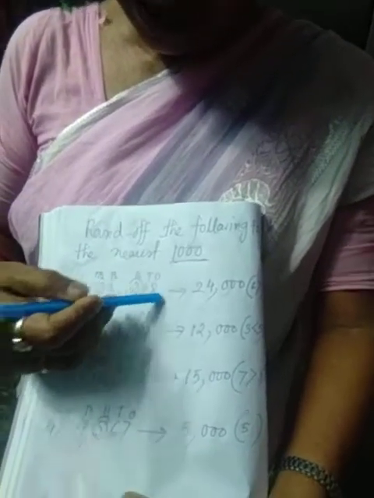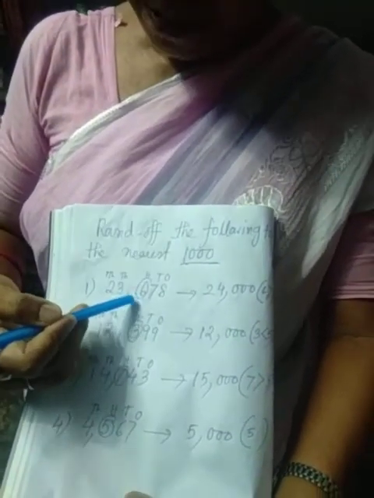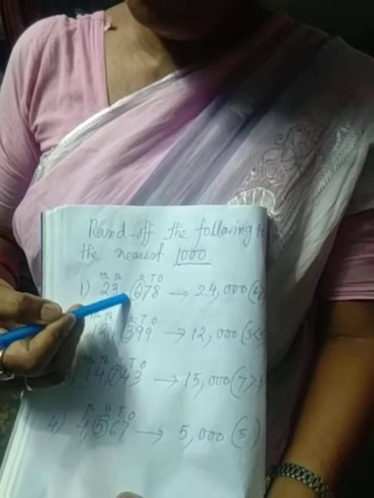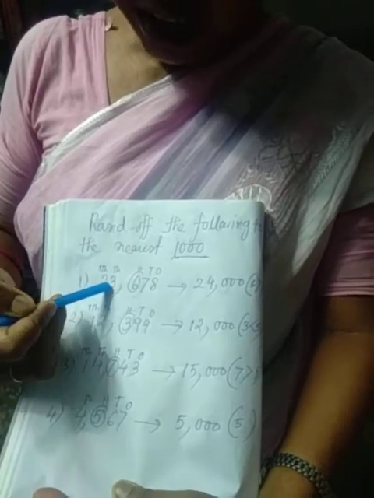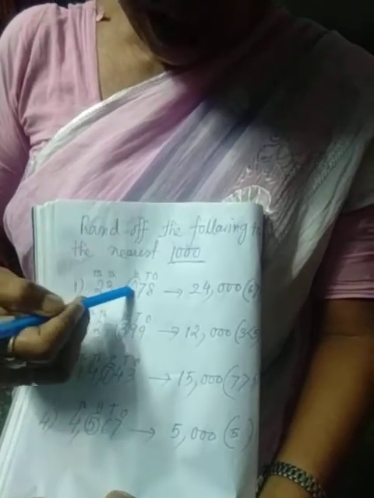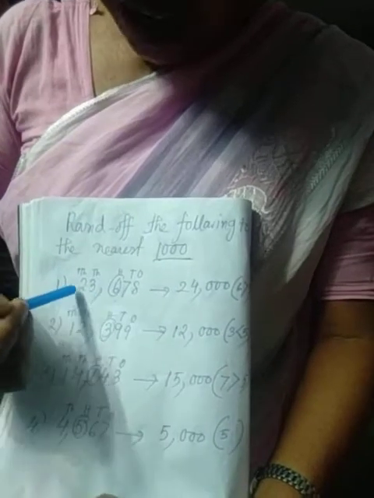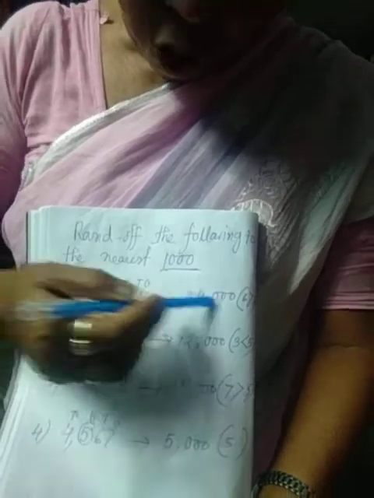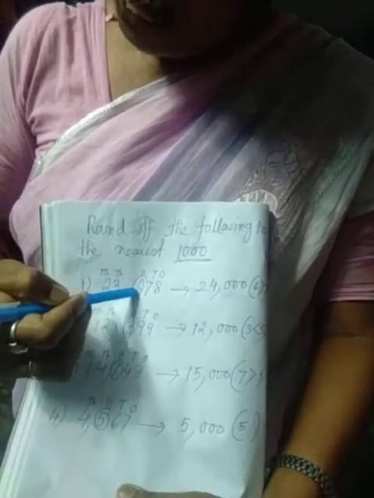That is number 1, 23,678. 100 place number 6. 6 is greater than 5, so 24,000.